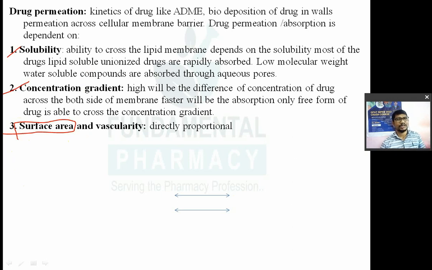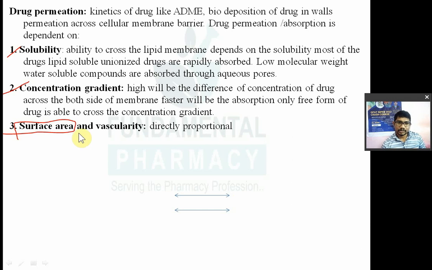Then after that, vascularity. What is meant by vascularity? Vascularity क्या होता है? So it is nothing but the number of blood vessels supplied to an absorbing surface. जहाँ से एब्सॉर्प्शन होता है वहाँ पे कितना ब्लड सर्कुलेशन है, वहाँ पे कितना ब्लड वेसल्स है, जितना ज़्यादा ब्लड वेसल्स होगा उतना ज़्यादा एब्सॉर्प्शन होगा, बिकॉज एब्सॉर्प्शन ब्लड में ही होता है, जितना ज़्यादा ब्लड वेसल्स उस एरिया को सप्लाई किया है वहाँ से ज़्यादा एब्सॉर्प्शन.